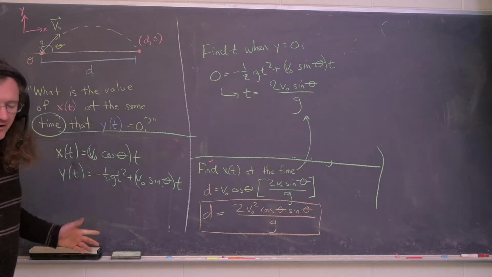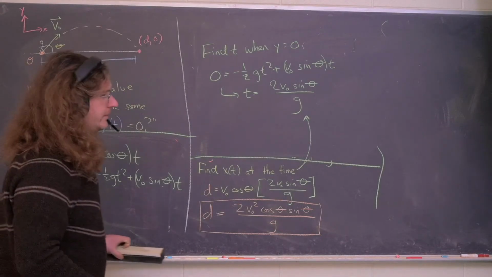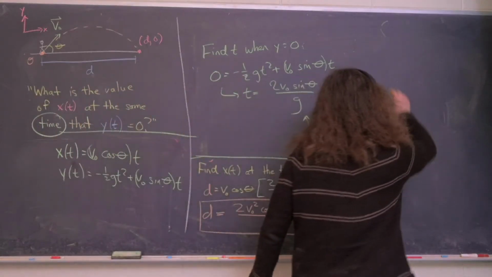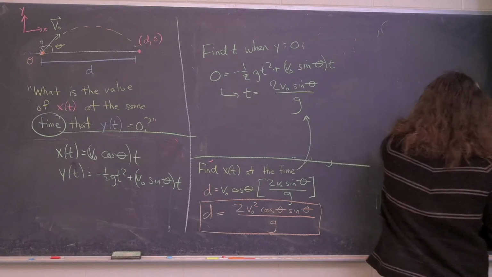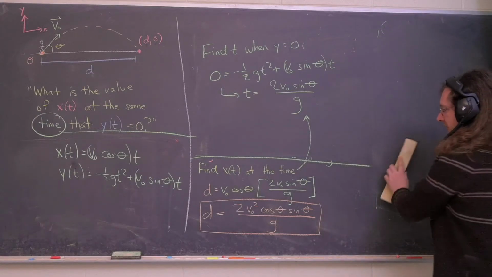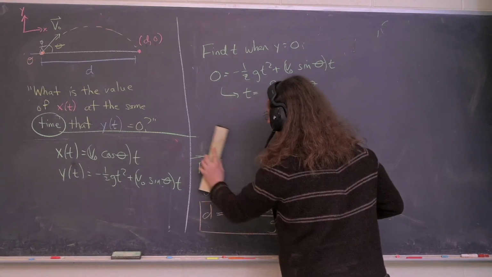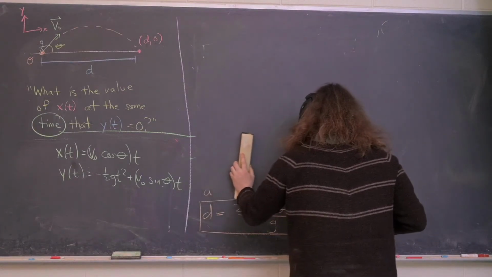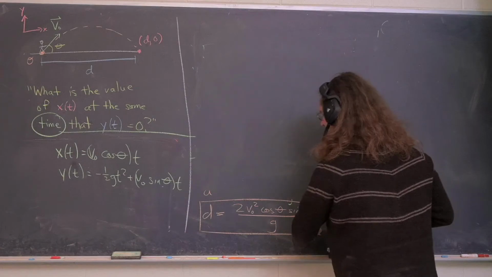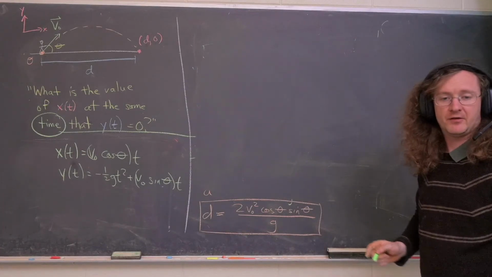Now the very last part, the extra credit part, was convince me that a 45-degree angle gives you the maximum distance of flight. So we've got this formula, we can now make the other stuff go away. Convince me that a 45-degree angle maximizes this.